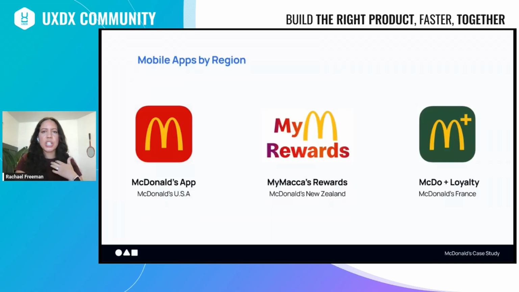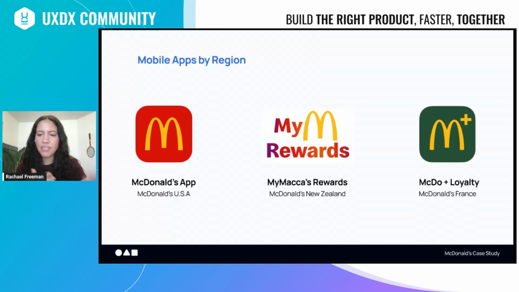So the next thing I wanted to look at is the mobile apps by region, and even just analyzing the imagery that they use, the colors, and the name of the app tells us a lot about those product decisions and principles that drive global design. So the name of the McDonald's app in the United States is simply "McDonald's app." Again, direct, transactional in nature.